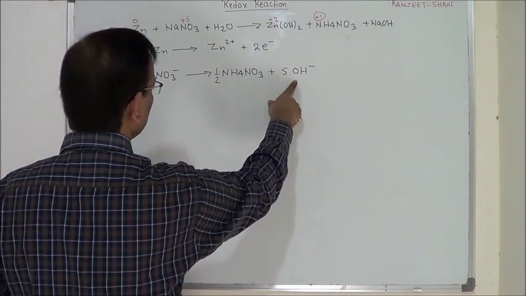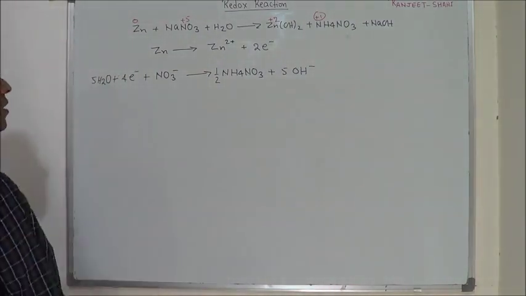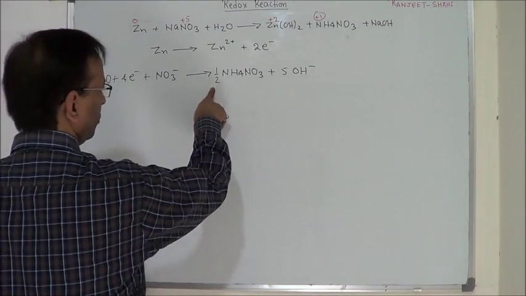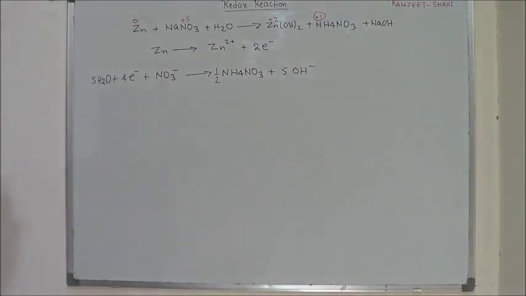3, 5, 8, 5 into 2, 10 hydrogen, 4 by 2, 2 hydrogen, 5, 7 hydrogen. So hydrogen is not balanced. Just wait a moment, something wrong is going on.